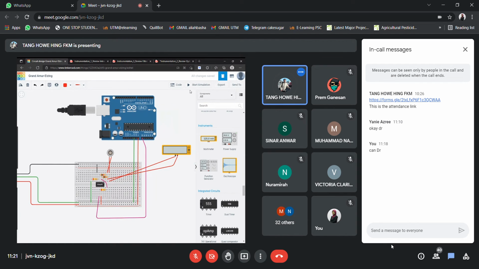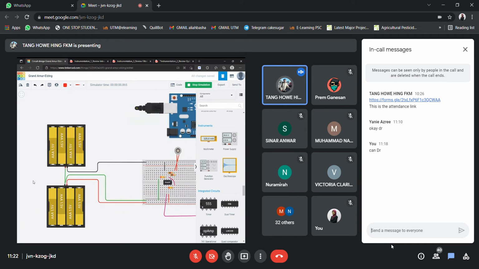Okay. Maybe you are not sure about why it is 6 volt, so I'll just plug it here, and for this one I'll just plug it here. If I run it, you can see that it is actually 6 volt, because it's only coming from one battery.